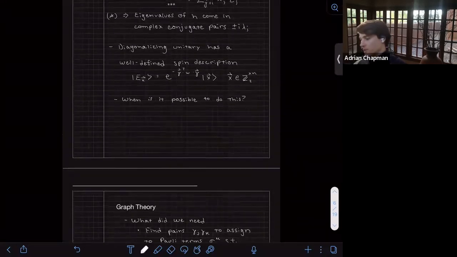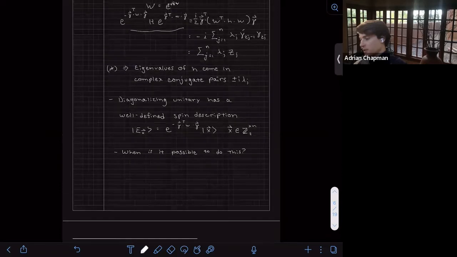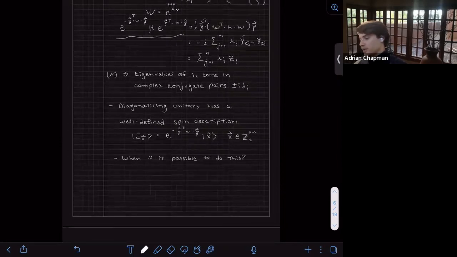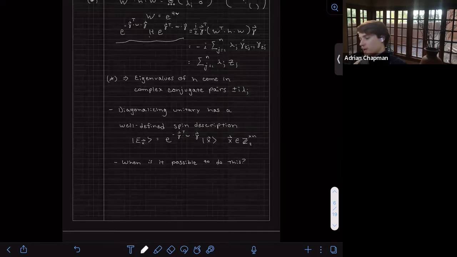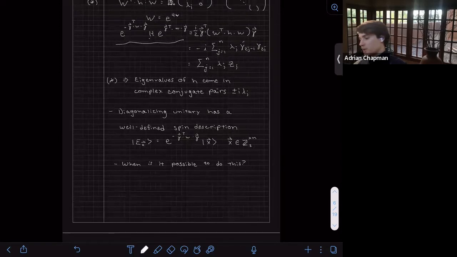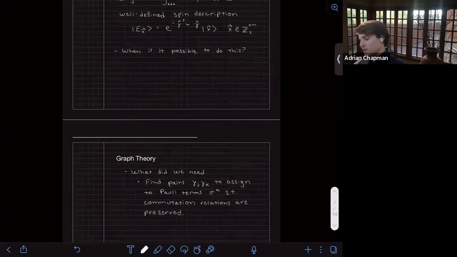Right, because in order to get here, we needed whatever the quadratic gamma j, gamma k does to the gammas in the Majorana picture, the spin version of that needs to also do the same thing to the operators in the spin picture. So essentially, we need to find these pairs that can reproduce the commutation relations.